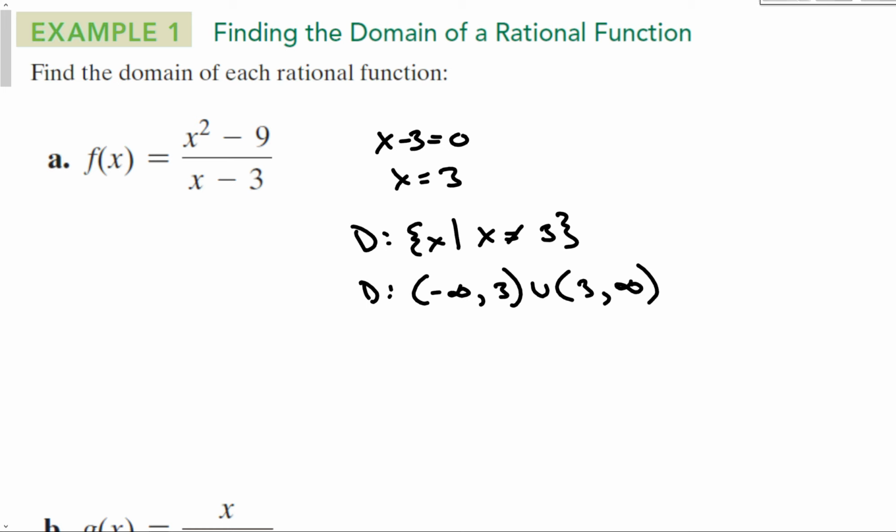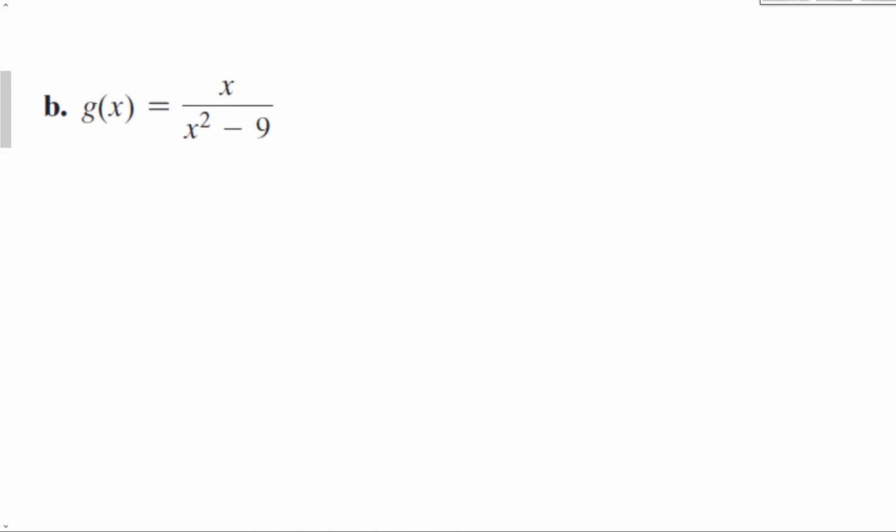Okay? Let's look at a few more. Okay. So the first thing I have to do is factor the denominator. So we have x over, factoring x squared minus 9 gives me x plus 3, x minus 3, which means that x cannot be equal to plus or minus 3. Okay?